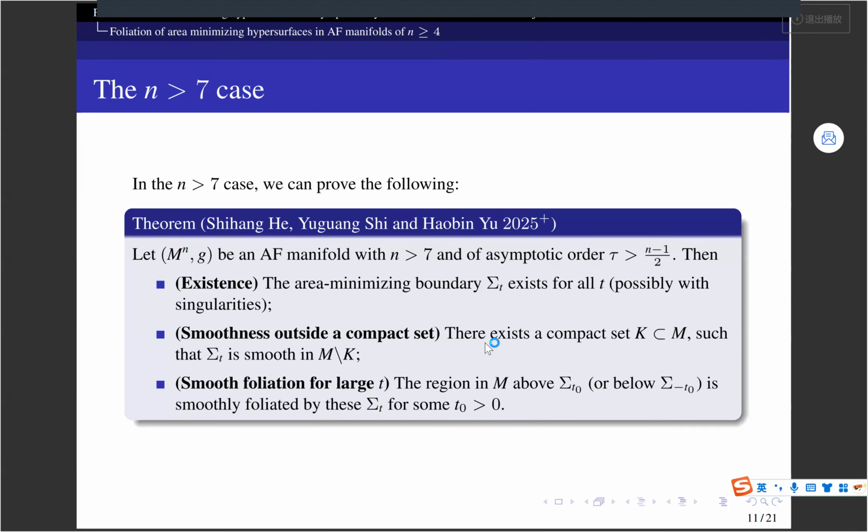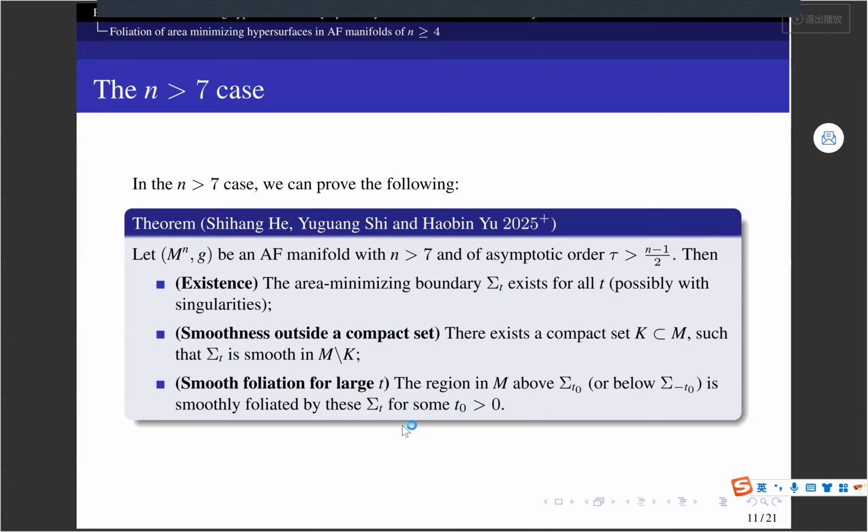This is because the area minimizing hypersurface always has a very nice density estimate at infinity, so you can expect such a regularity result due to an Allard type theorem. So as a corollary, you can show that the foliation structure still exists because when t is sufficiently large, the whole minimal surface Sigma_t is smooth, and they also form a smooth foliation.